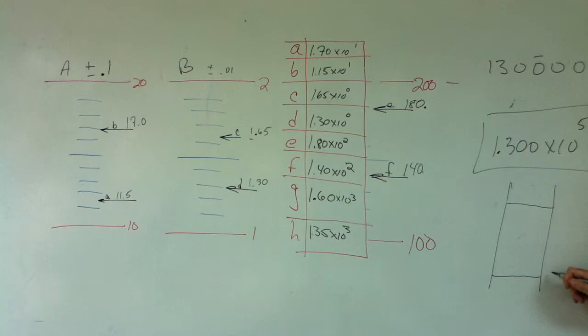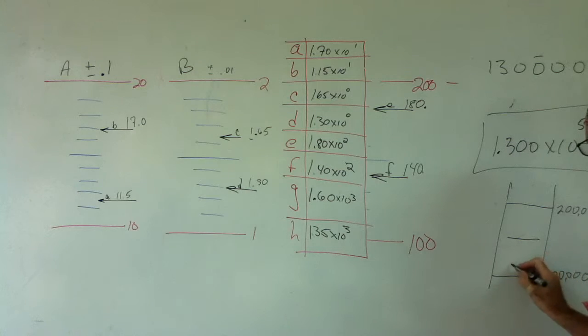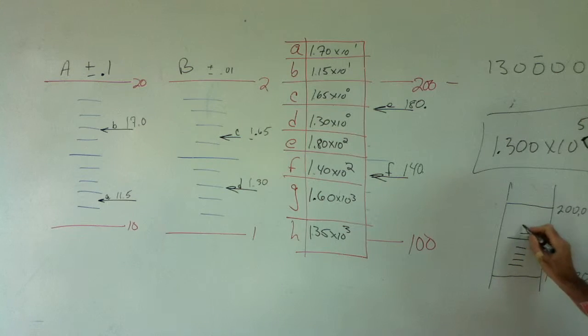It begins with 100,000? Yes. To 200,000. Good. We divide this into 10. All right. Now, where's the reading?